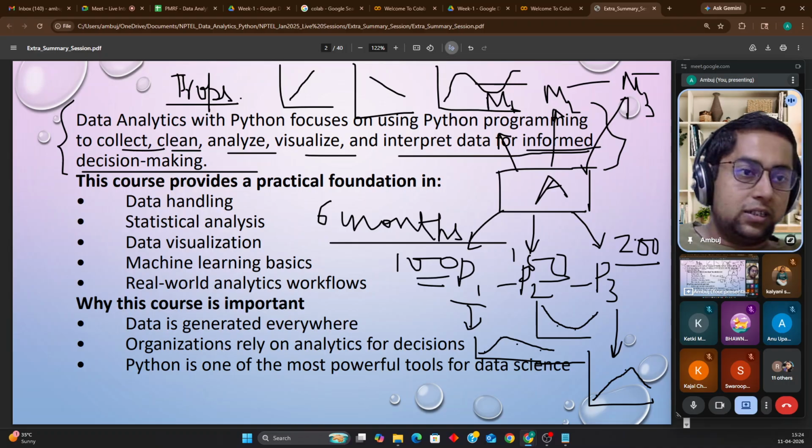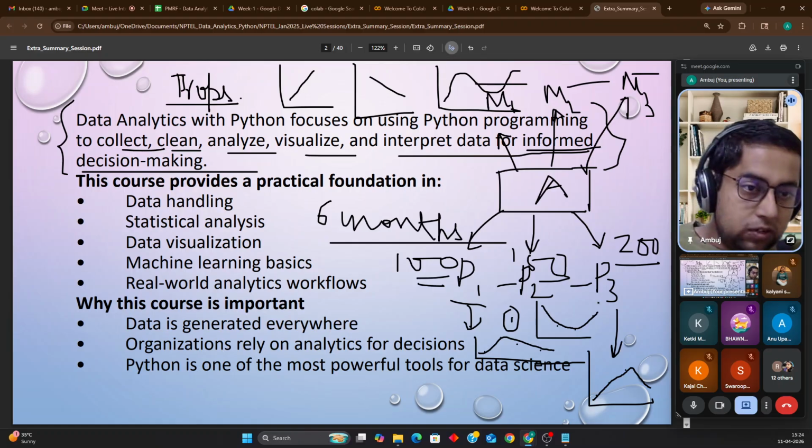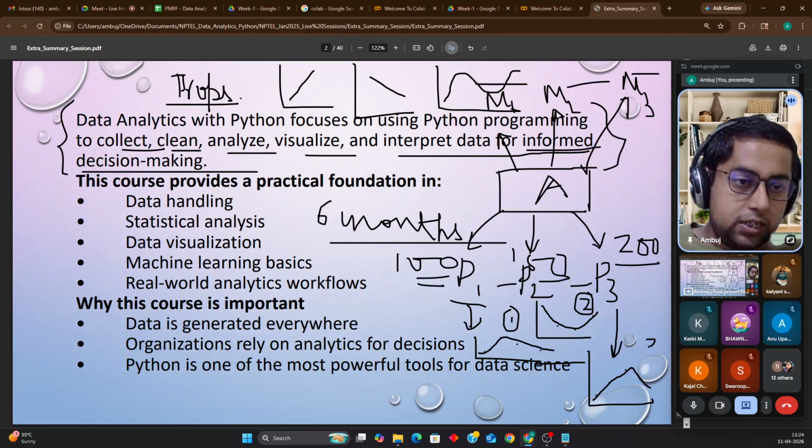So now you tell me at which capacity you should operate your manufacturing units M1, M2, and M3 based on these three trends. Trend number one of product P1, trend number two of product P2, trend number three of product P3.